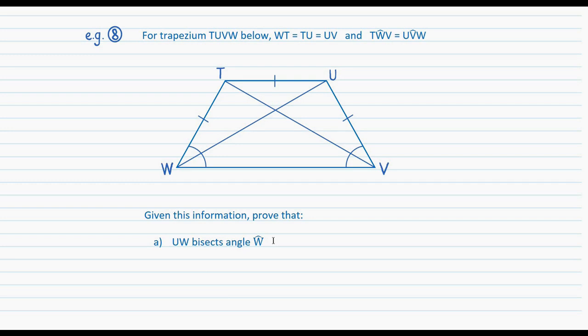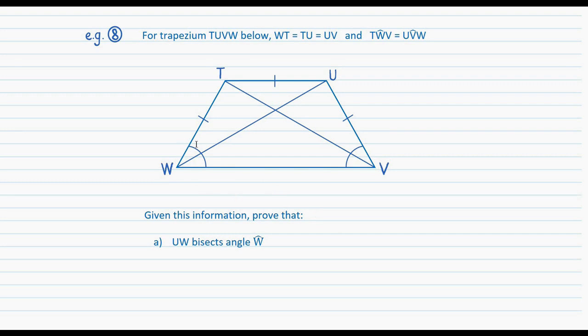So for those sort of proof questions, the first thing is start by identifying what you need to show mathematically to answer the question. So the question asks us to prove that this line splits this angle into two equal halves. So one way we could prove this is by somehow showing that this angle is equal to this angle.